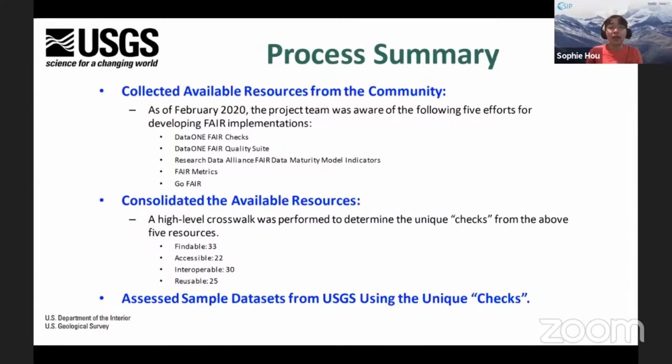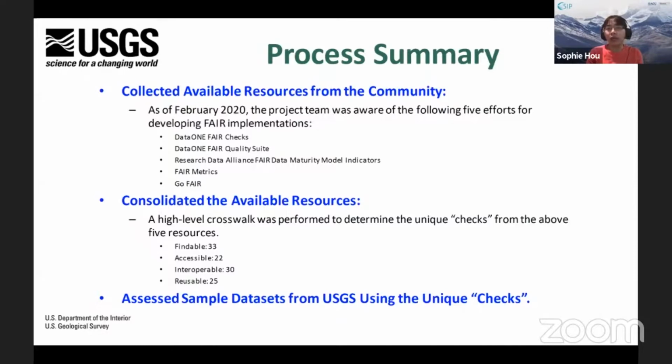But in any case, the key characteristic shared among these 5 sets of checks is that they were all really new, and in some cases some of them were still being implemented at the time that we were looking at them.